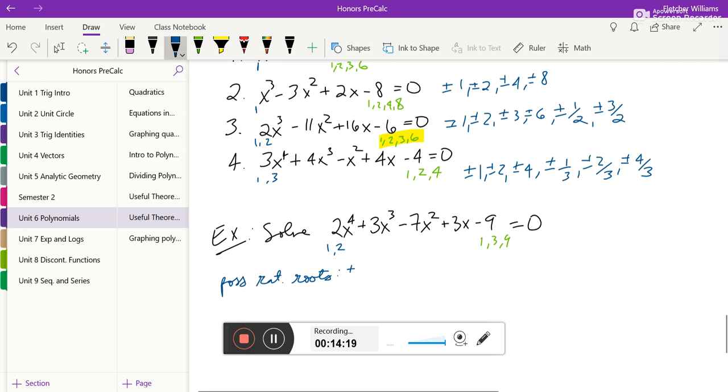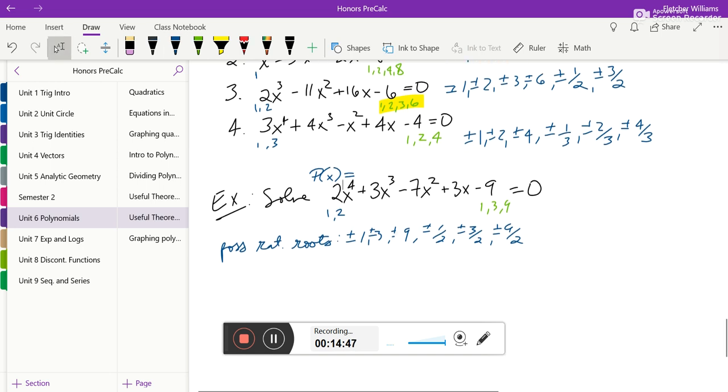Well, 1, 3, 9, and then 1/2, 3/2, 9/2. And by the way, let's call this big polynomial p of x. It makes our notation easier at some parts.